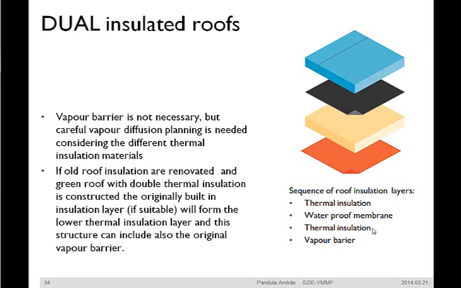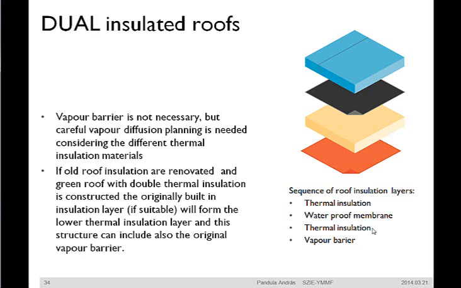In this case, the originally built-in insulation layer, if it's suitable, will form the lower thermal insulation layer, and on top of this layer sequence we will create an inverted roof. So on top of the waterproofing membrane we will have again an extruded polystyrene thermal insulation layer.